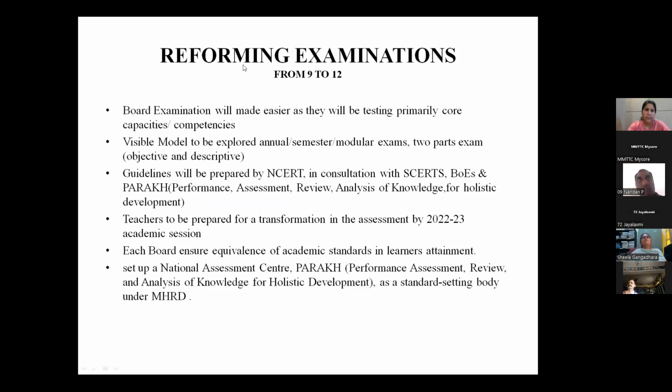Okay, so coming to reforming examinations at the level of grades 9 to 12. As I already said, we have to test the core competencies or capacities of the child instead of memorization, and viable models like annual, semester and modular exams should be provided, with guidelines prepared by NCERT in consultation with the SCERTs, DOEs and PARAKH. PARAKH means Performance Assessment Review Analysis of Knowledge for Holistic Development.